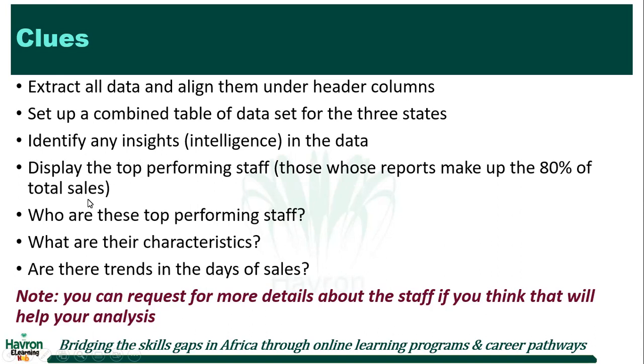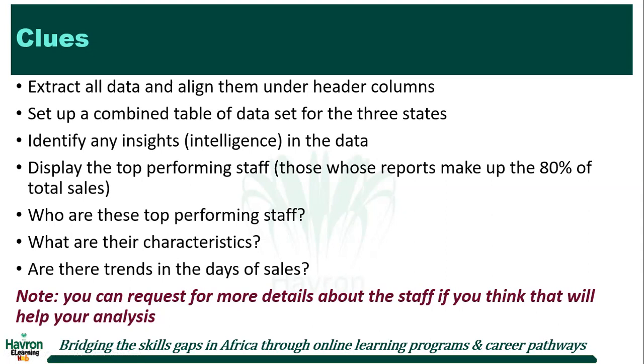Now, displaying the top performing staff can also help us identify who are those people pushing the company up. If an organization wants to support an individual, it is based on performance. Then, what are the characteristics? Do they have specific characteristics that we can look out for?